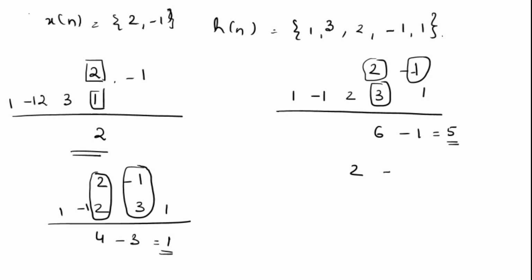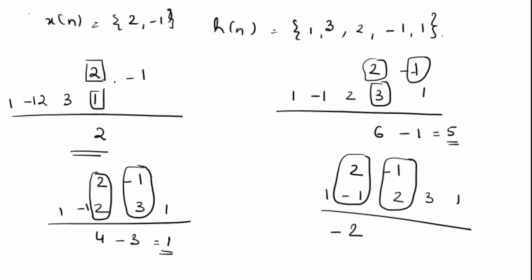Next 2 and -1, shift the signal by 1 unit, multiply and add it. -2, answer will be -4. Next is 2 and -1. 1, -1, 2, 3, 1.